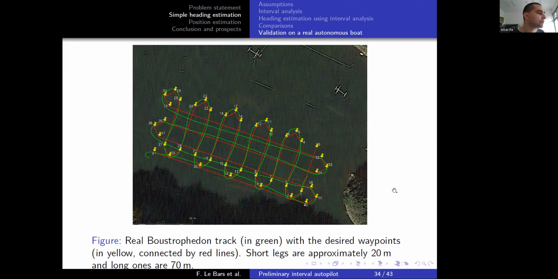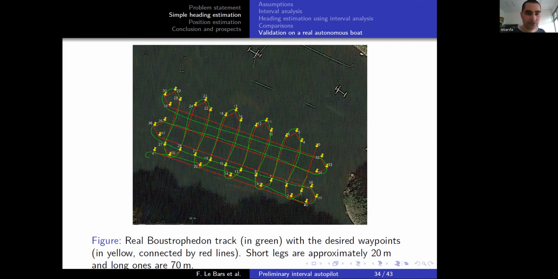So what we want to say here is that we can validate that our heading estimation algorithm is accurate enough to be used in an autonomous robot for survey missions.